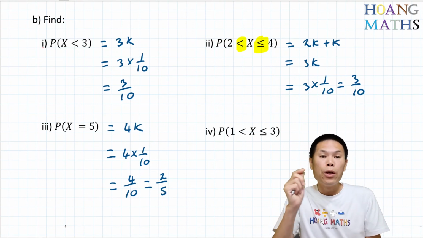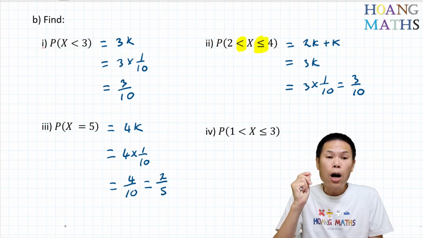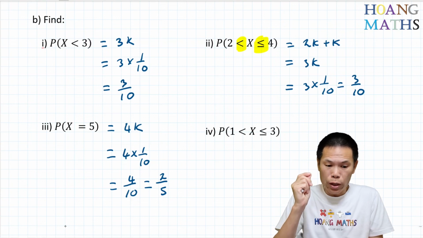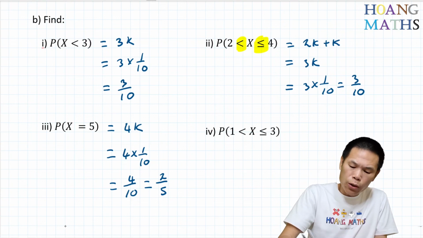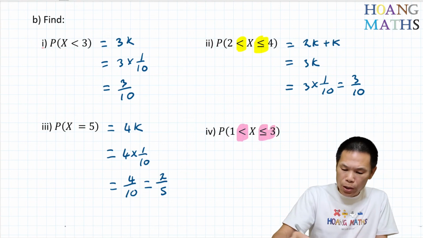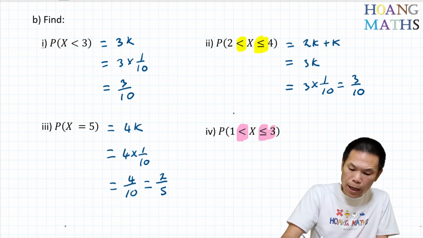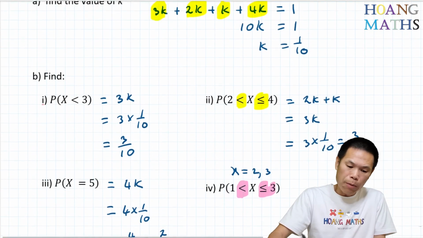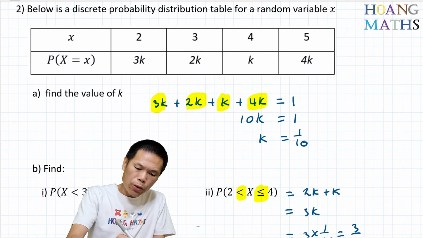So there you go. Now find the probability of x between 1 and 3. But not including 1, but including 3. Okay, keep that in mind. So that is the same as x is equal to 2 and 3. So keep that in mind. So 2 and 3 is this one here.